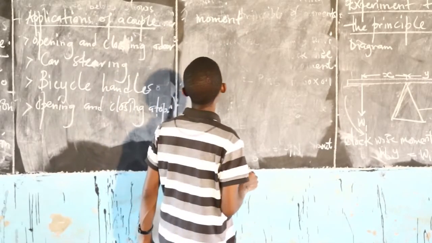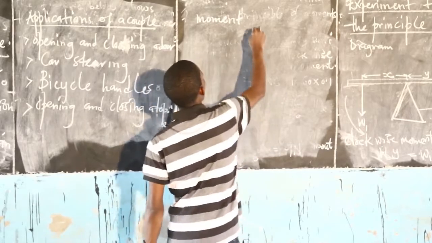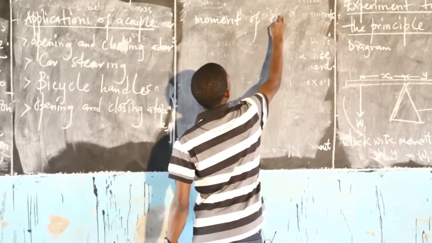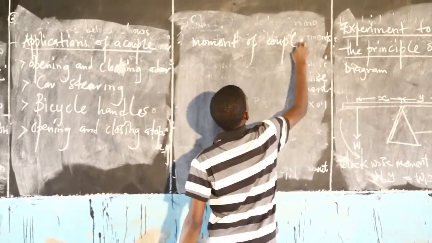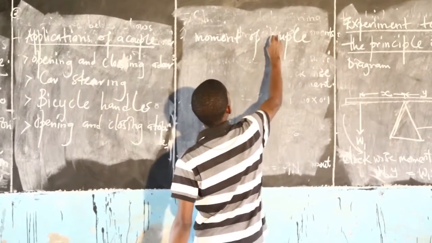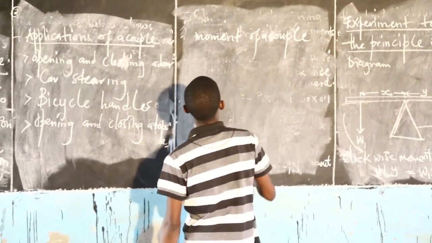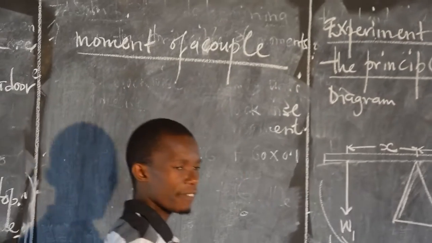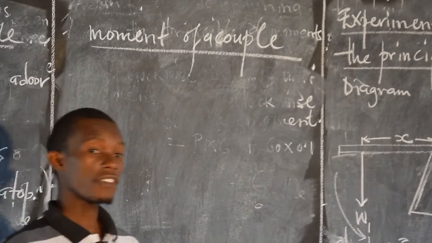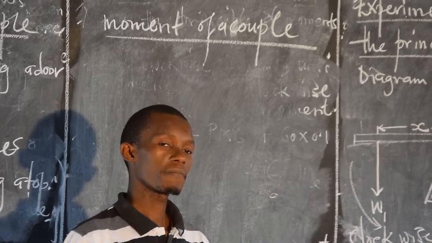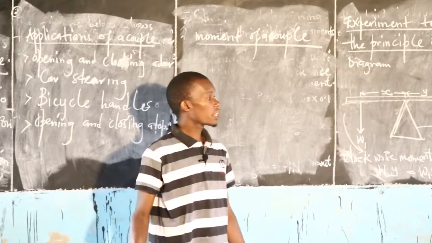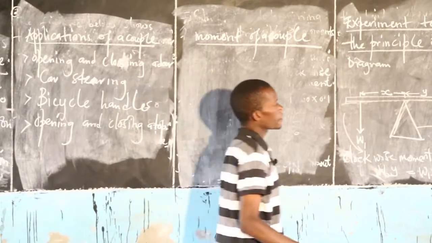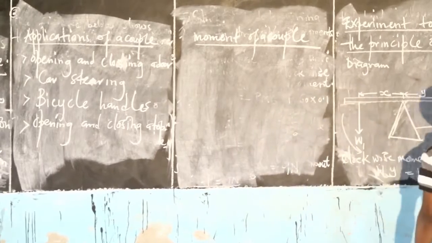So, we are going to talk about also the moment of a couple. When you talk about the moment of a couple, they need a definition. It is not different from the other moments. But here, since we have two forces, we select one force.